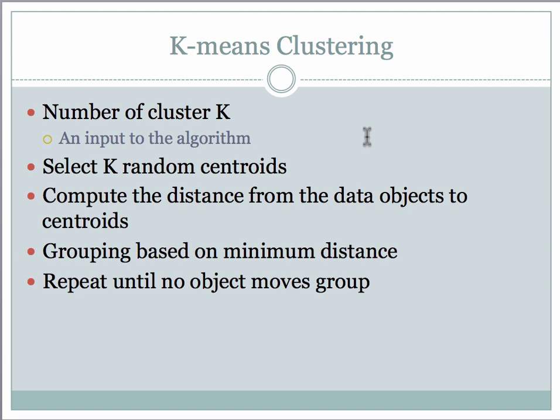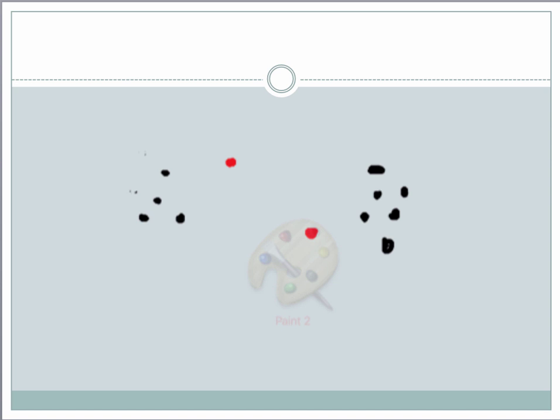We don't actually draw them, but just for you to visualize. Then we will group based on minimum distance. And then we will repeat this until no object moves its group. You will understand this with this very simple drawing; please forgive me for my bad drawing skills. Suppose we have 4 data points here and 6 data points here, and k is 2.